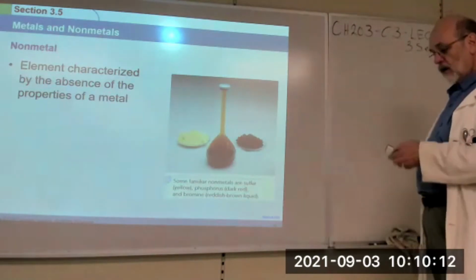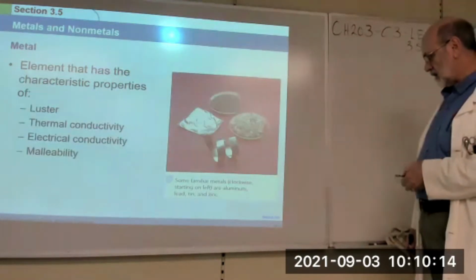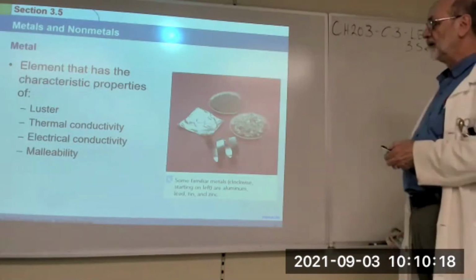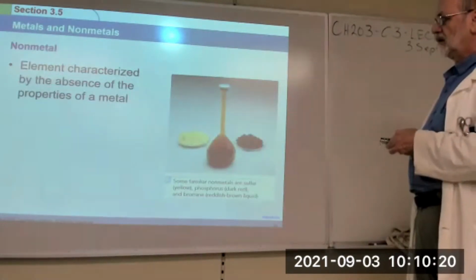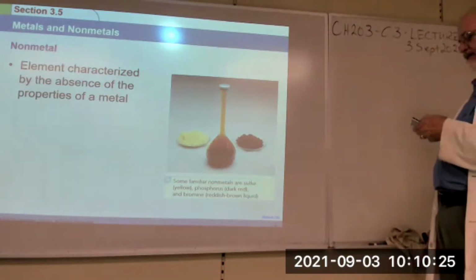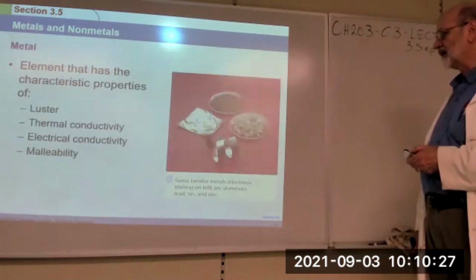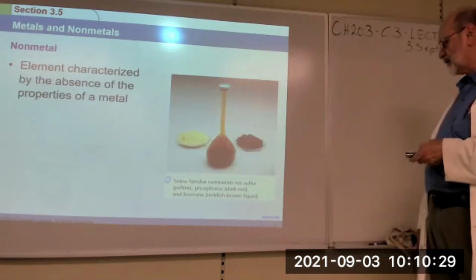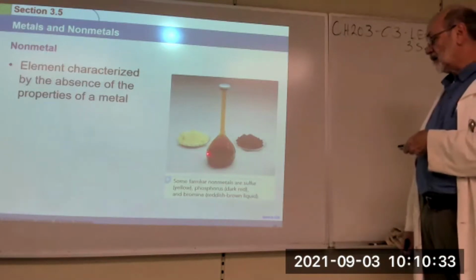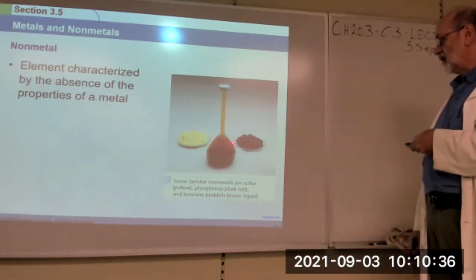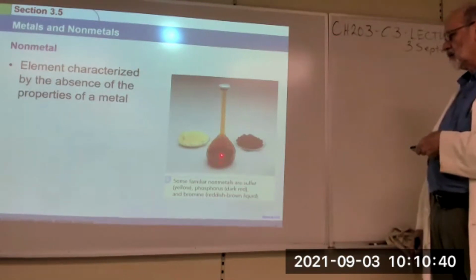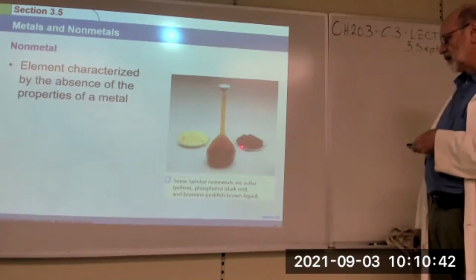Non-metals, on the other hand, most of them are solids. Whereas non-metals are just the opposite of metals. Let's see, metals, non-metals. Well, they can be either solids, or this one I think is a gas.